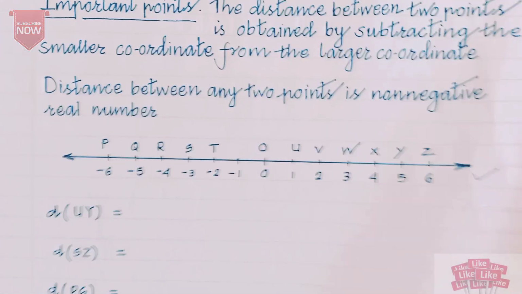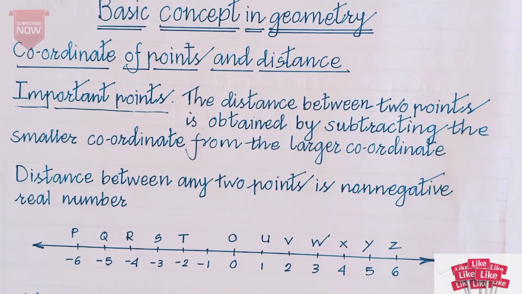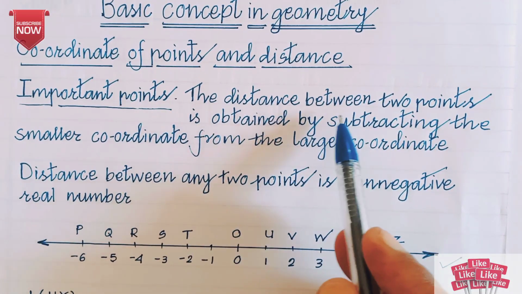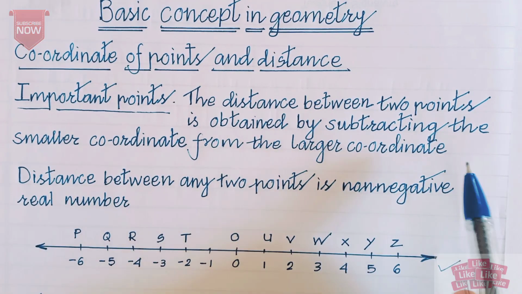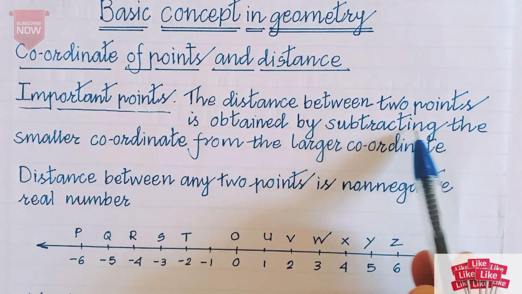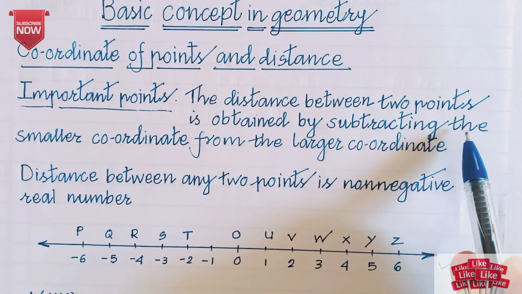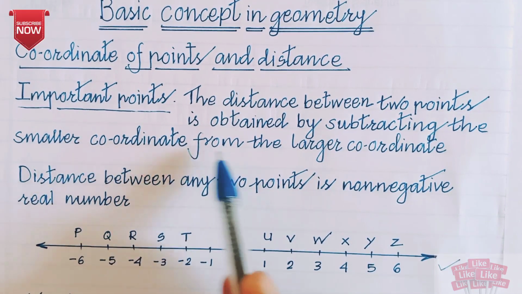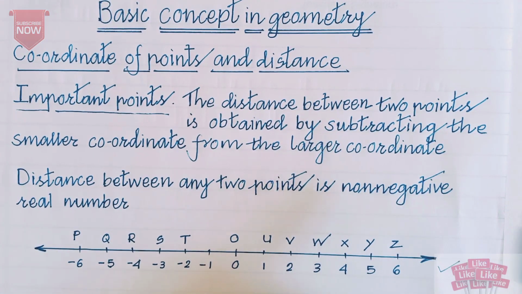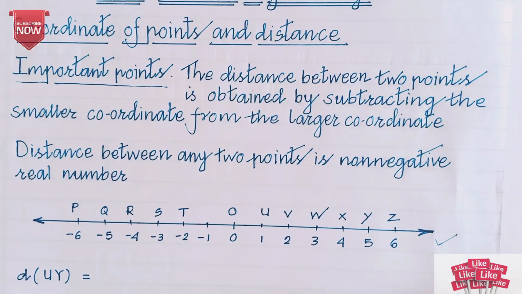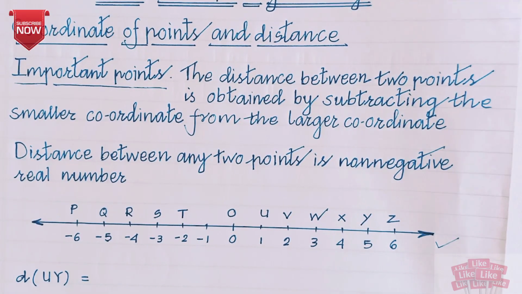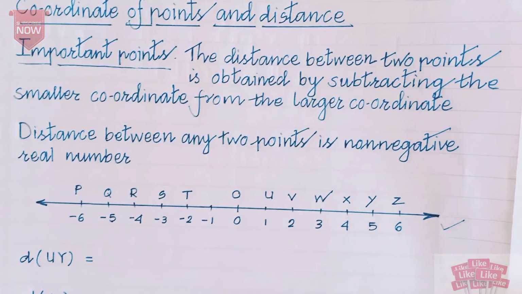In that we have given here one point. The distance between the 2 points is obtained by subtracting the smaller coordinate from the larger coordinate. Larger coordinate में से smaller coordinate जो है आपको subtract करना है. We have to make the subtraction.